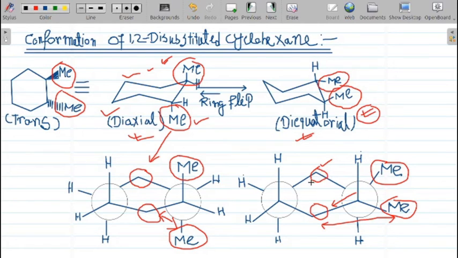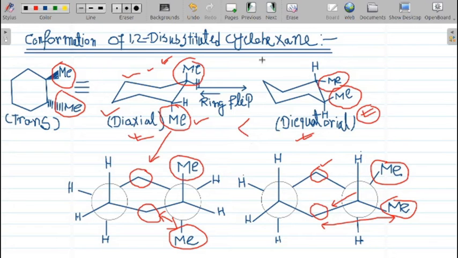So there will be no torsional strain present in this conformation, and so according to this, the di-equatorial conformation is more stable than this diaxial conformation.